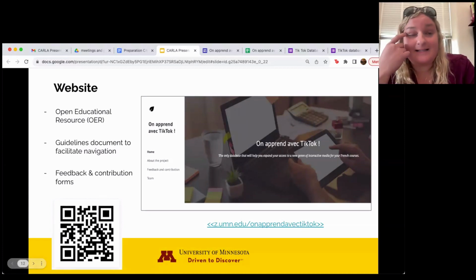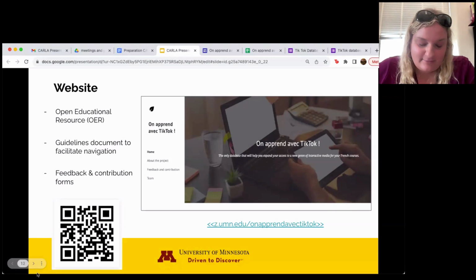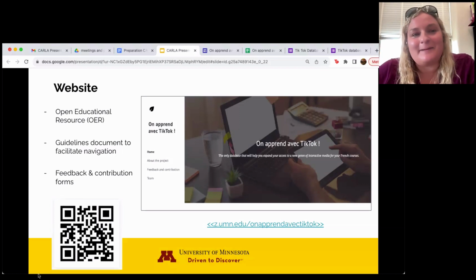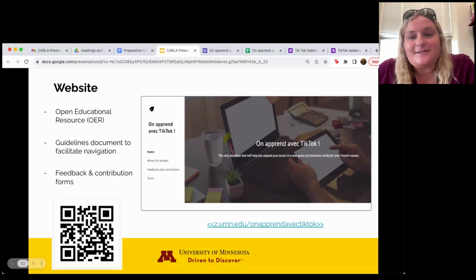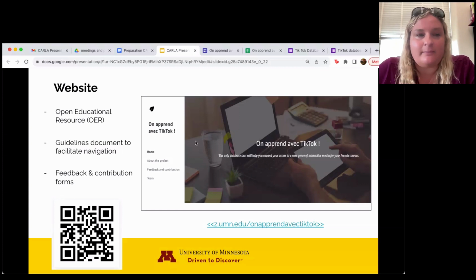Thanks, Chimène. So yes, this is an OER, an open educational resource. And if you work in OERs, you know that it's like creating a labor of love and then sending it out into the void, because you don't often hear back about what people are doing with it. So what we were trying to do by linking these two forms, there's a feedback form and a contribution form, and we'll walk you through them both, is that on the feedback form, we're really interested in knowing how you use it, in what ways you use it, and in what ways we could better support you in using it.